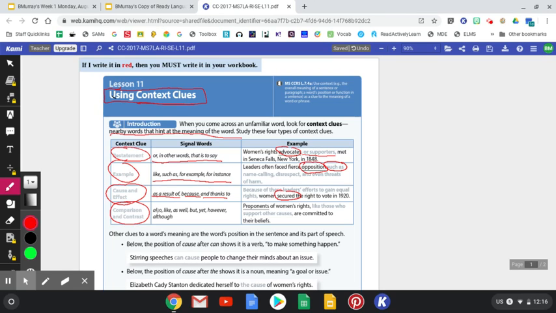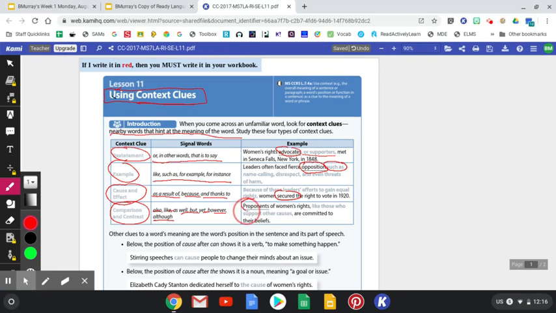And then my last one for seventh grade is comparison and contrast, which is also, like, as well as, yet, however, and although. We're looking for signal words that let me know something's alike or something's different. So then I get proponents of women's rights, like those who support other causes or committed to their beliefs.